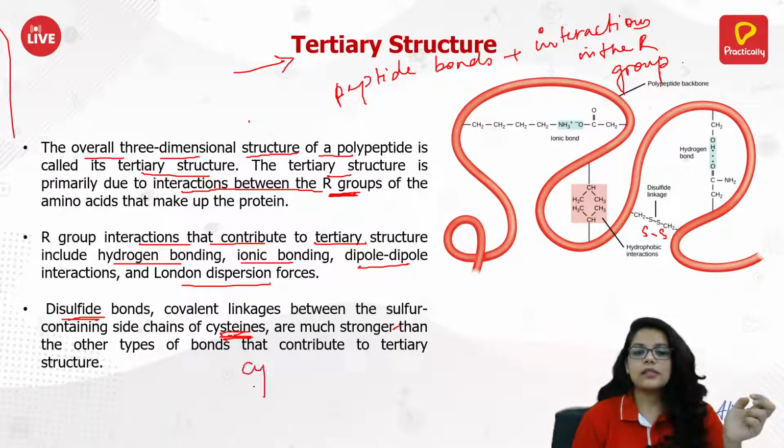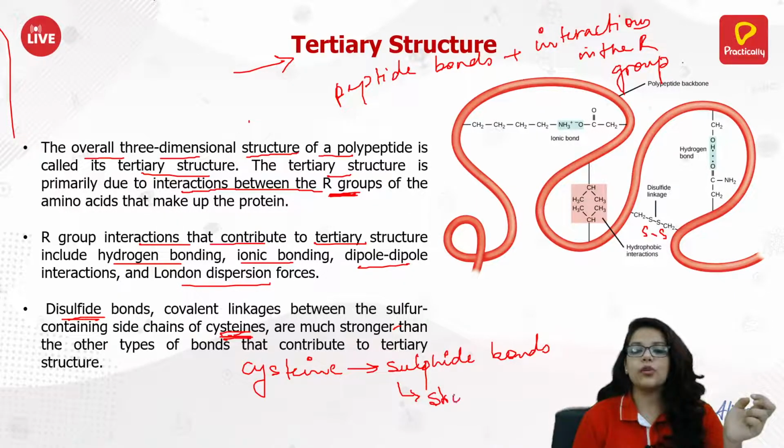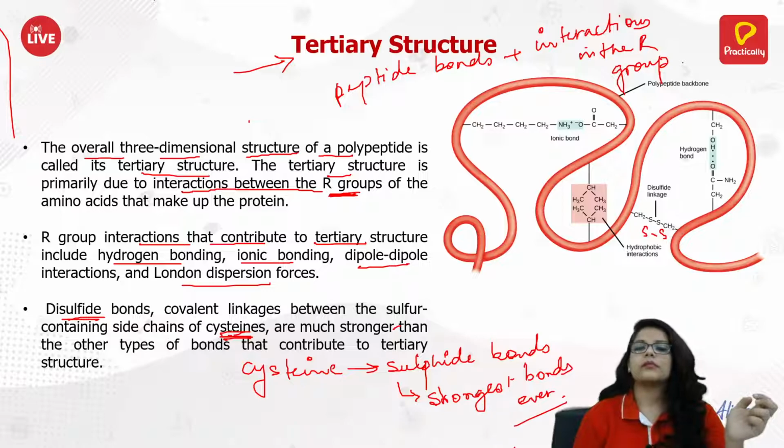In the cysteine structure, you can find sulfide bonds. This is one of the strongest bonds ever. So this is how the tertiary structure forms.